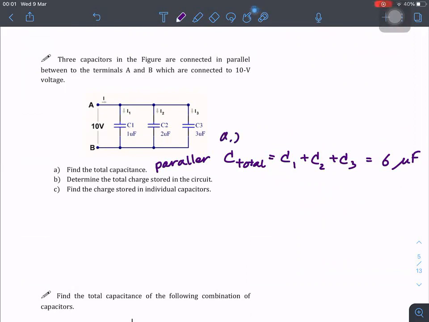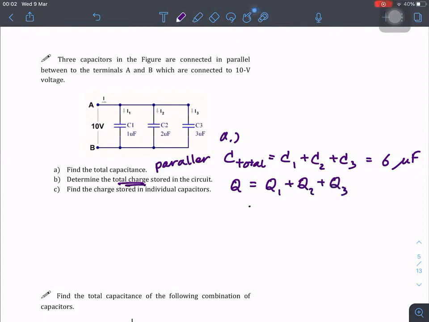And then determine the total charge stored in the circuit. This becomes a bit more interesting, as I have that Q would be Q1 plus Q2 plus Q3.